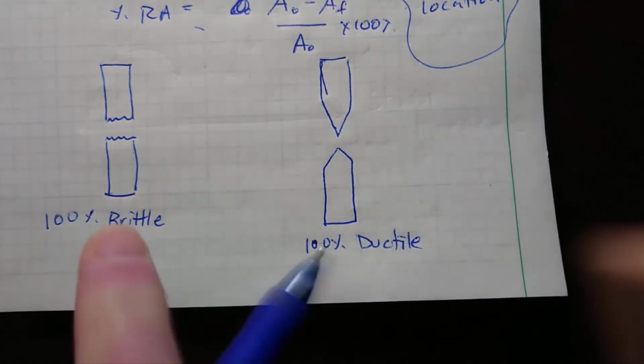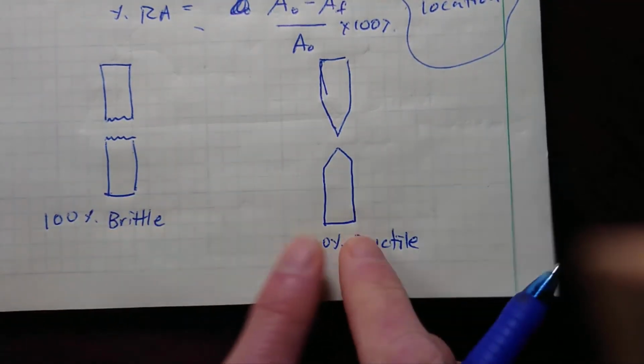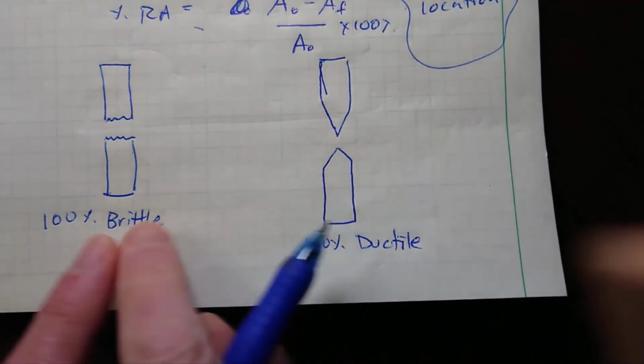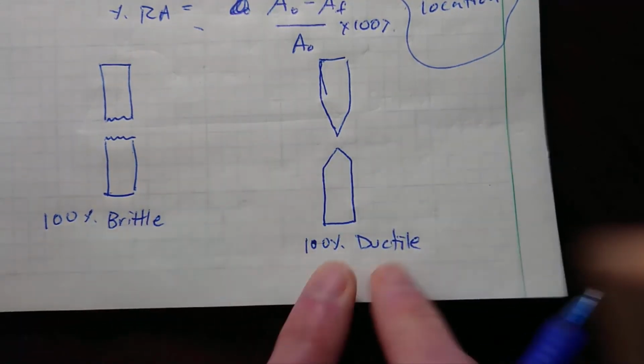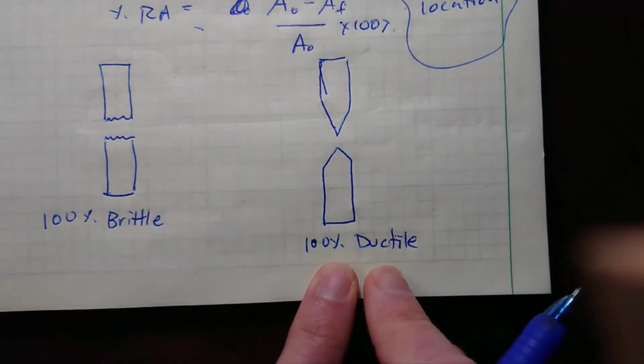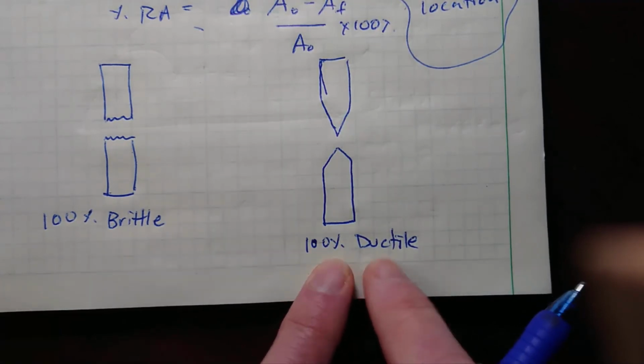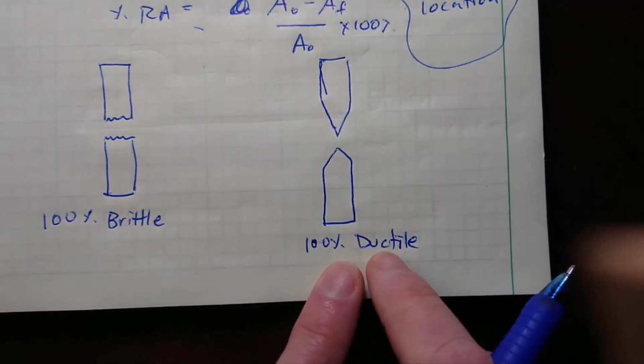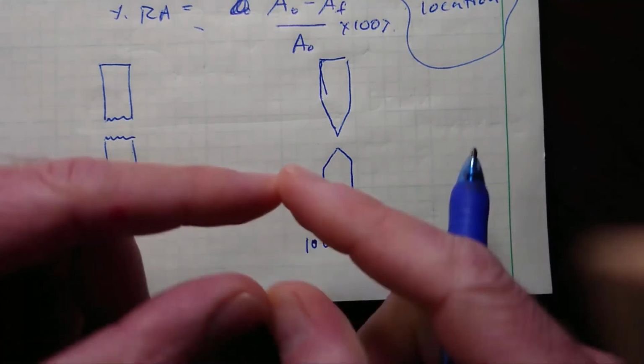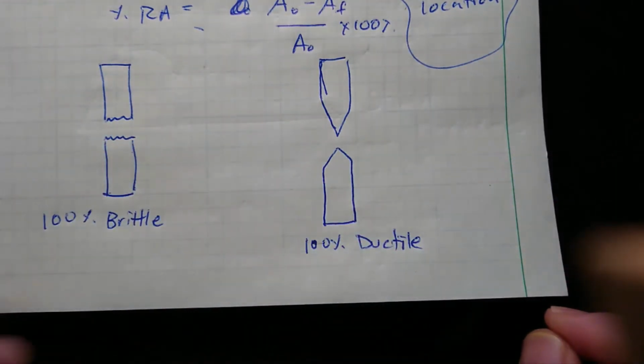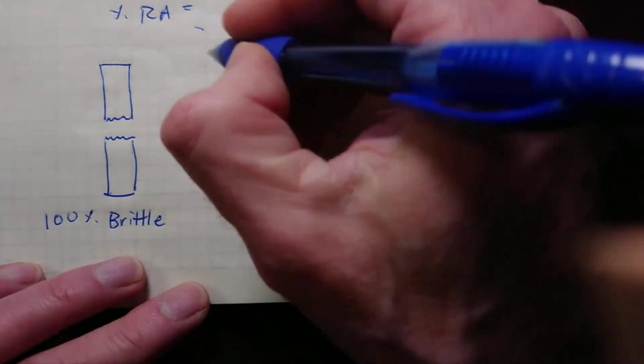So this represents something that's 100% brittle, which some metals are like, and this is 100% ductile. It's kind of a theoretical construct, but if you've ever pulled on something like Laffy Taffy, maybe it'll neck down to a little point. So there are materials like that.